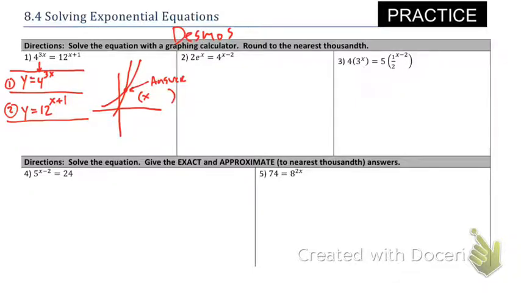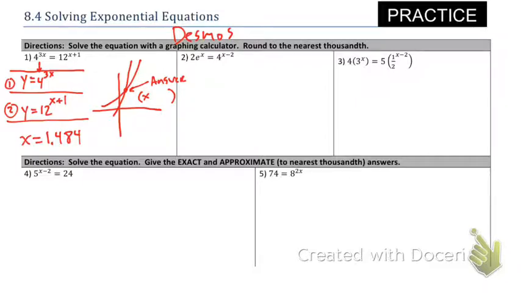So once you have your x value, that is actually your x answer. So if you did this correctly, x should equal 1.484. All right, so that's how you do it using graphs. Just create two separate graphs in decimals.